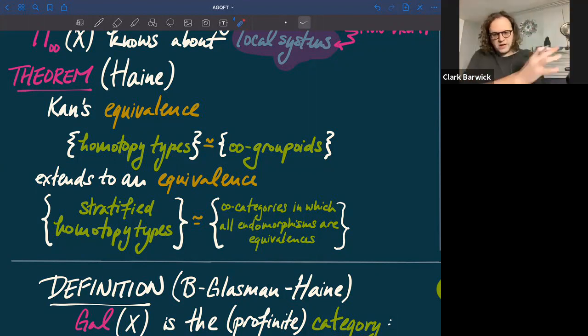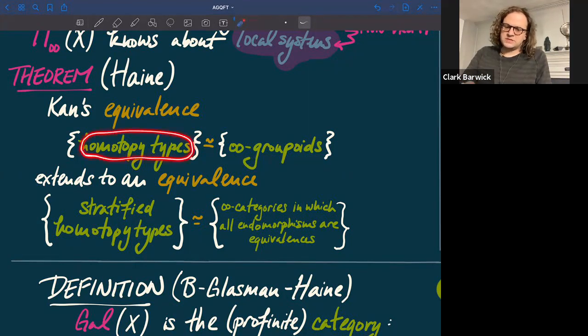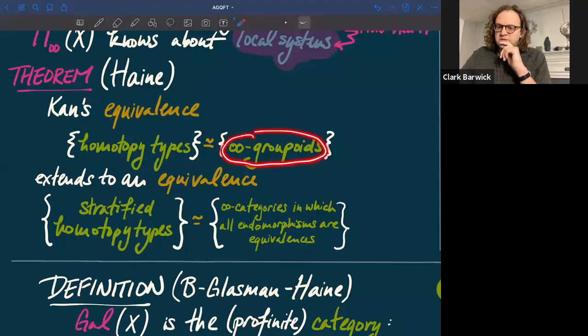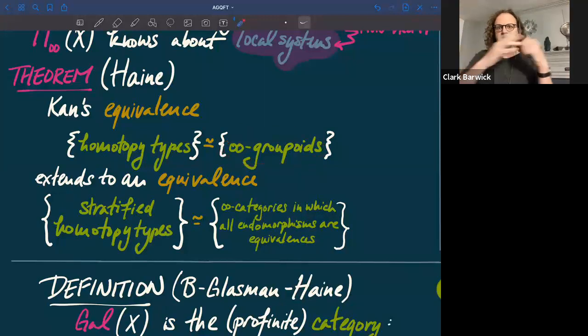Well, if you think about classical homotopy theory, there's this equivalence between homotopy types and infinity groupoids. So one way to think of this is that this is the relationship between homotopy types regarded as topological spaces, say CW complexes, and simplicial sets that satisfy the Kan condition.